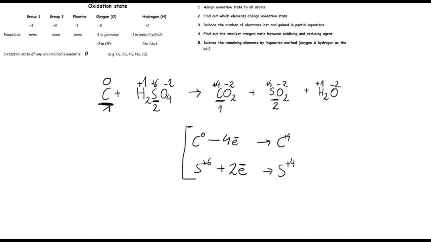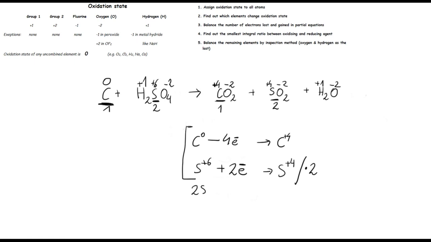So how to balance it? We need to find a simple ratio between them. In this particular example, if we multiply the second partial equation by 2, it will then be balanced with the first one.